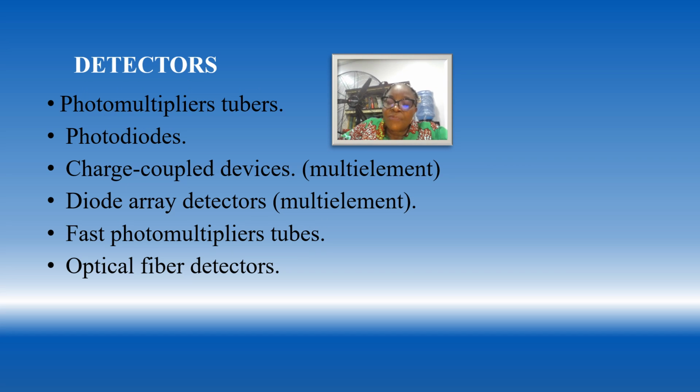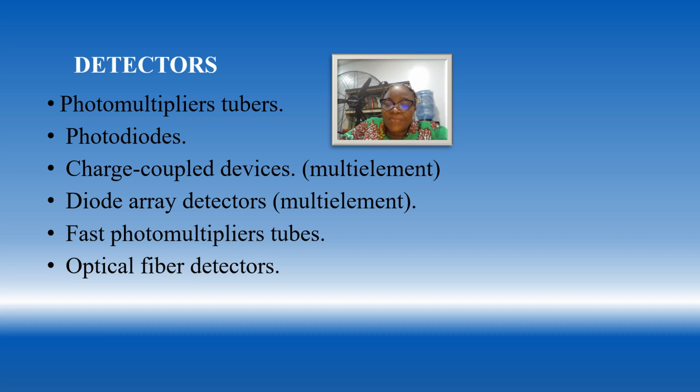In the spectrophotometer, we have the detector. The detectors are photomultiplier tubes. They are most widely used. We have the photodiodes, used due to their high sensitivity and stability. We also use the charge-coupled device for rapid multi-element analysis. We have the diode array detectors, which are multi-element.